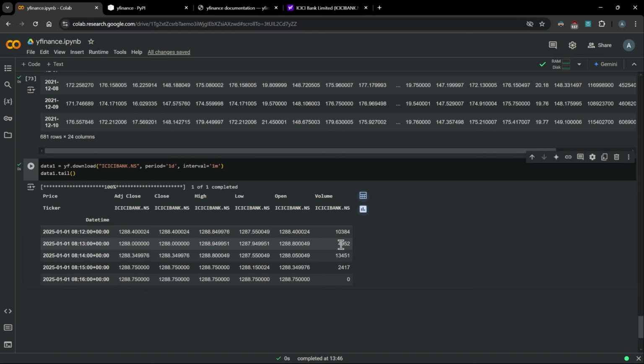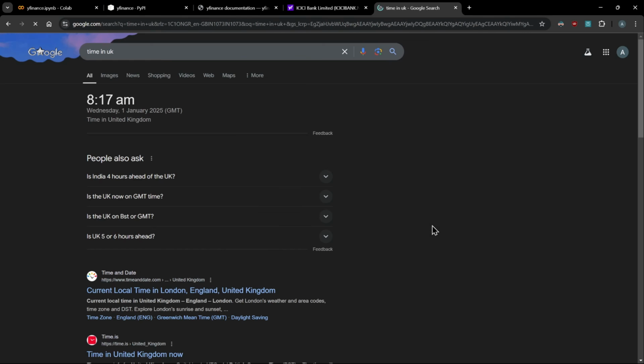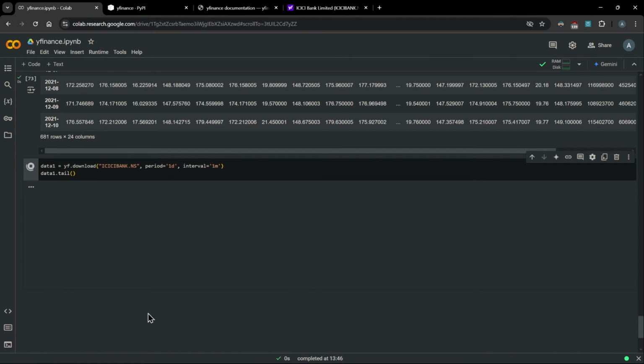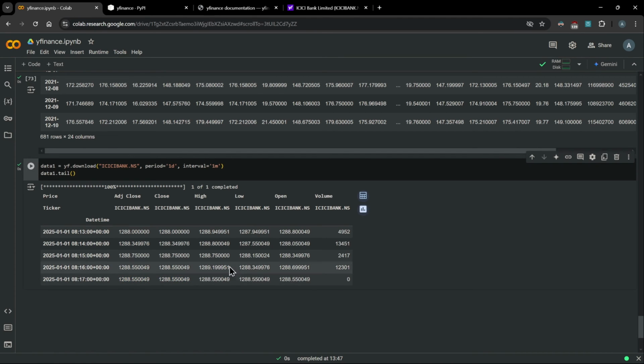Right, so this is the Greenwich Standard Time and not the Indian Standard Time. So time in UK, 8:17. Okay, right, so 8:16. So if you run it again, you will get the price right now.